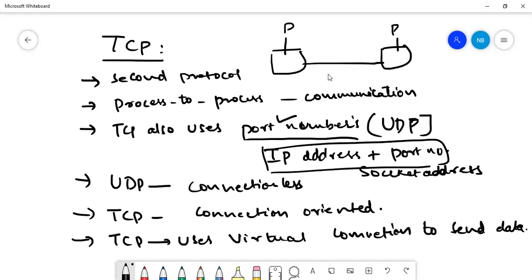There is a connection. What happens if this particular connection is lost, or somewhere else a failure has happened? At that moment, it will take an alternate route, which may be the longest route, to reach this particular process. If this connection fails, it will take another route. That is what virtual connection means.